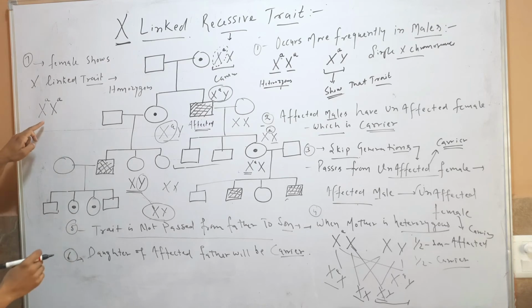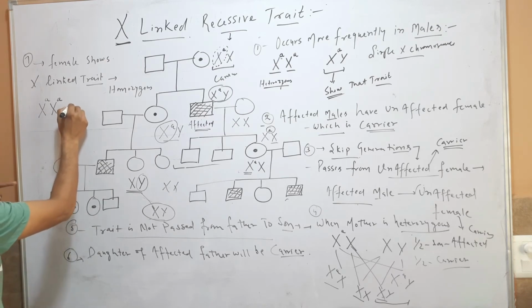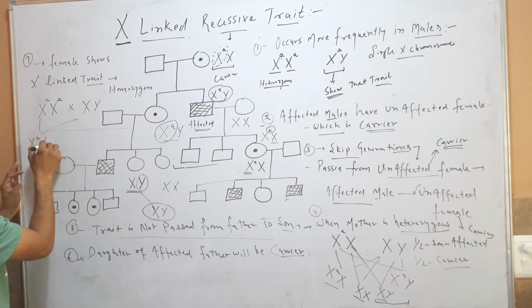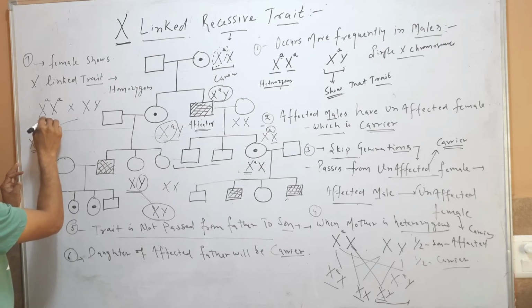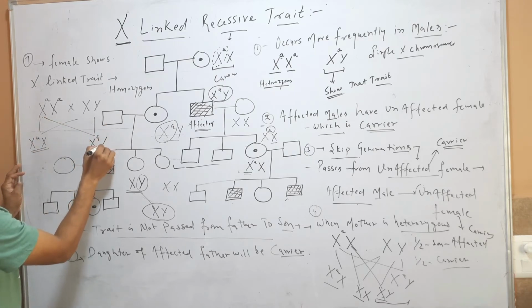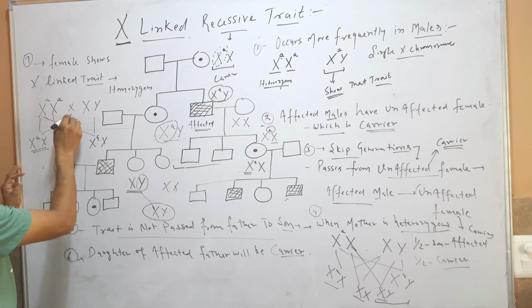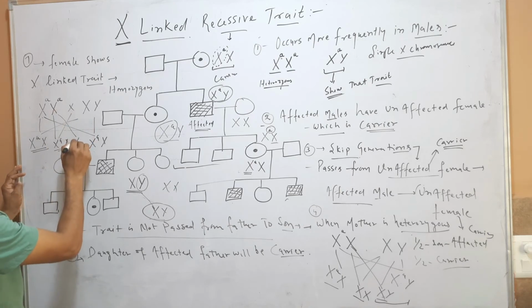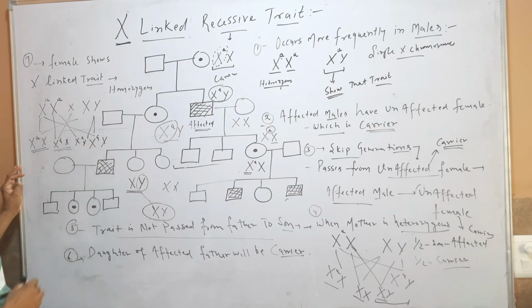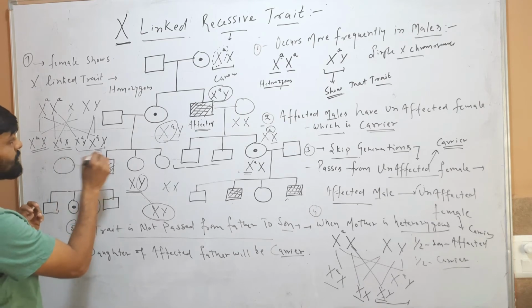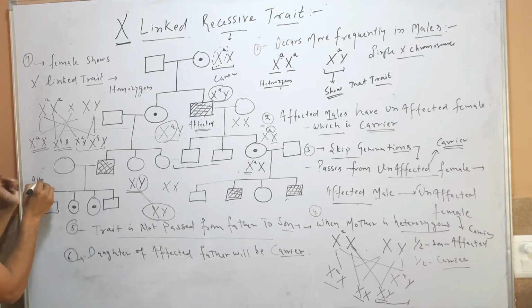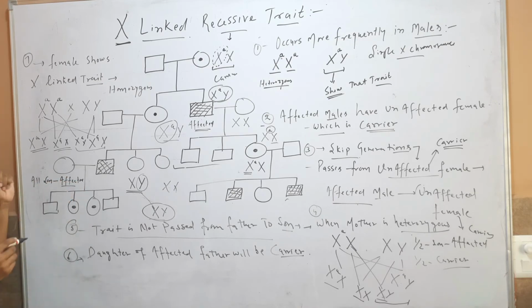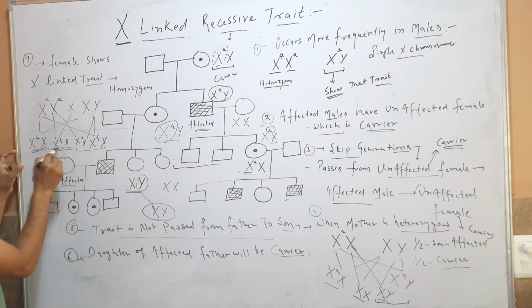In that case, you can see XAXA, XAY, XAXA, XAY. So here you can see that all the sons will be affected and all the daughters will be carriers.